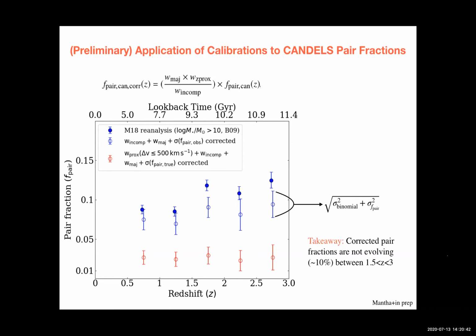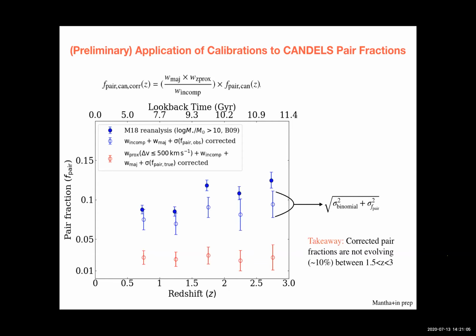And one interesting thing that we can also do is, since we don't have large spectroscopic surveys across the whole CANDELS fields to select pairs that have small velocity differences, just using the corrections that we derived, we could infer the evolution of spectroscopically paired galaxies out to high redshift using this, I think.